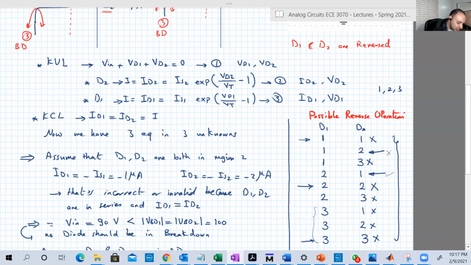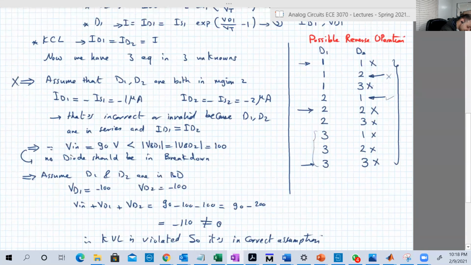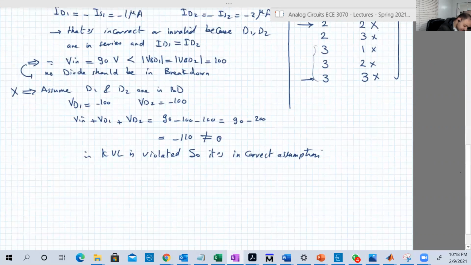But, to teach you more how to assume and reject, let's assume that D1 is in region 1 and D2 is in region 2. So we end up canceling this assumption. We end up also canceling this assumption. Let's assume another bad assumption: D1 in region 1 and D2 in region 2.